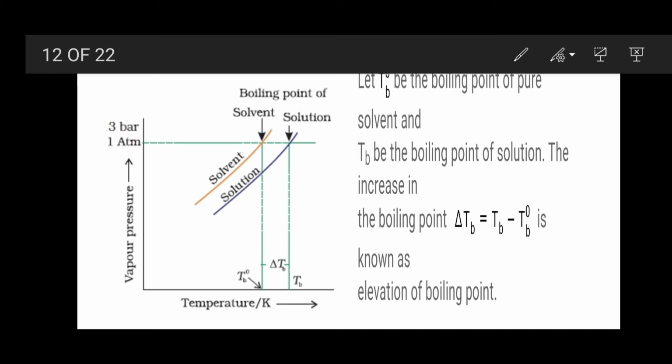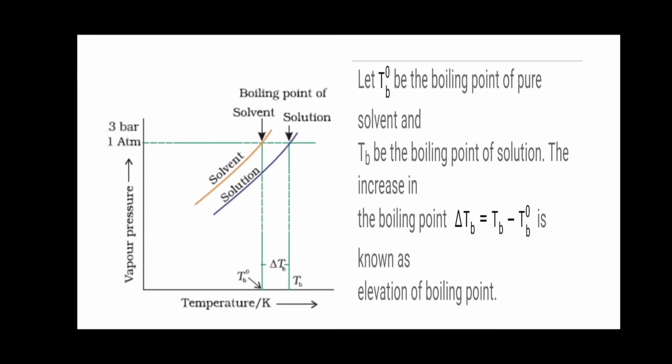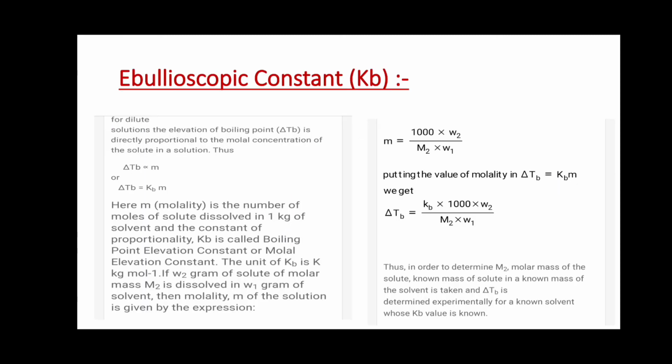So let T0B be the boiling point of the pure solvent and TB the boiling point of the solution. The increase in boiling point, delta TB, is equal to TB minus T0B, and is known as elevation in boiling point.